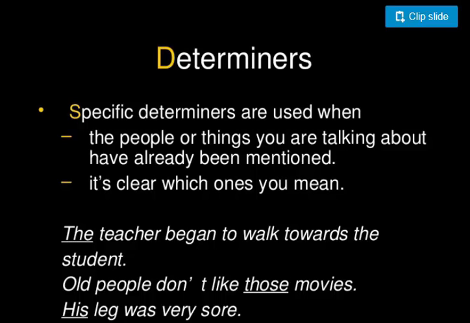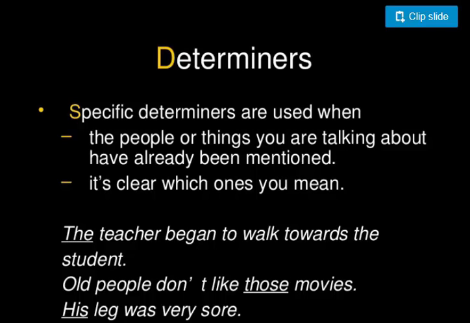The people or things you are talking about have already been mentioned, and it's clear which ones you mean. जैसे बेटा मैंने आपको डेफिनेट आर्टिकल का बताया कि हम डेफिनेट आर्टिकल the तब यूज करते थे जब हमें ऑलरेडी मेंशन या ऑलरेडी फेमस पर्सन या फेमस प्लेस का पता होता था। तो इसी तरह स्पेसिफिक डिटरमिनेंट्स भी तब यूज होते हैं जब हम किसी चीज या some people we talk about have already been mentioned.